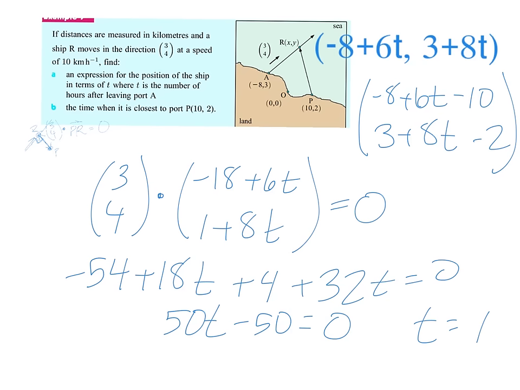I then found the dot product and set it equal to 0. When I expanded it out, it looked scary at first, and then it cleaned up to being 50t minus 50 equals 0. Therefore, t has to be 1. So what that's telling us is that at time 1, so 1 hour after the ship left, it is closest to point P that it'll ever be.